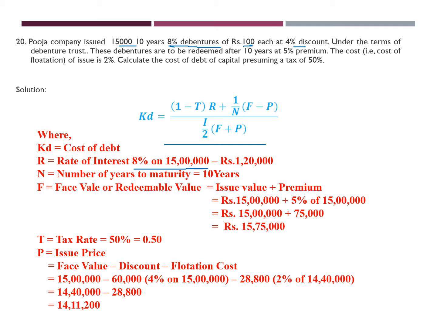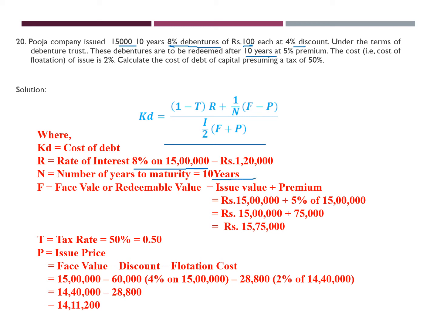So 15,000 into 100, we will get 15 lakhs. So 8% of 15 lakhs is 1,20,000. Now number of years of maturity, 10 years. From where did you get this? These debentures are to be redeemed after 10 years. This 10 years I have taken over here.